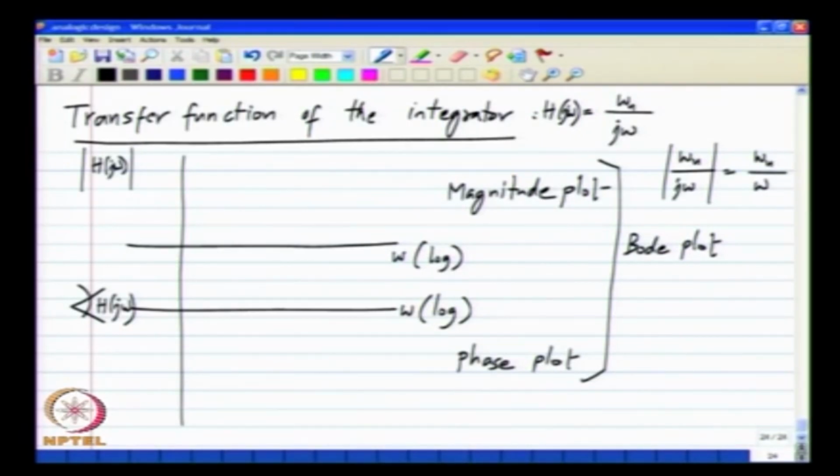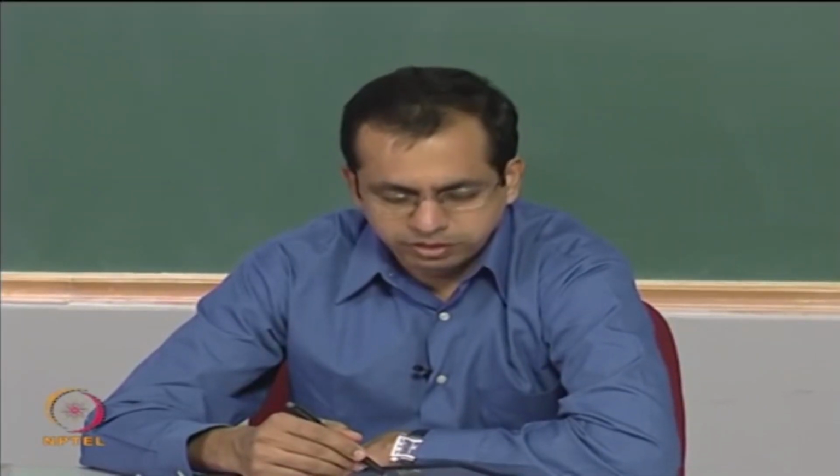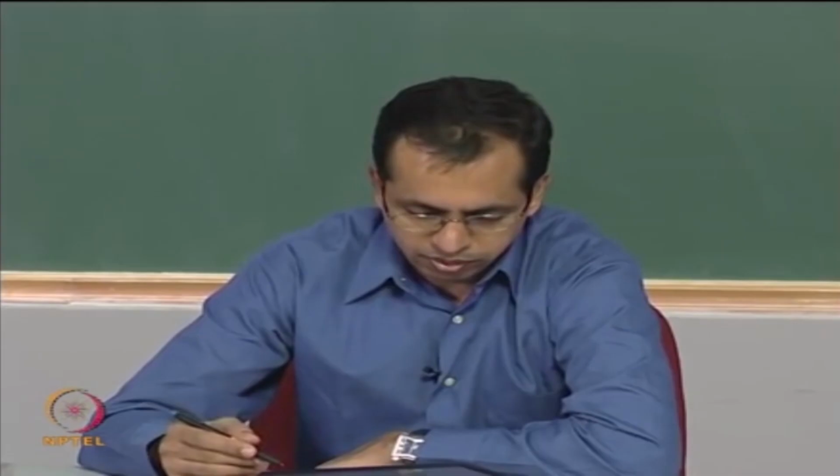On a log scale, where you plot the magnitude on a log scale as well as the frequency on a log scale, this is a straight line with a negative slope, and the slope is given by minus 20 dB per decade. That is, if you take it in the decibel units, if you take 20 log to the base 10 of the magnitude, it drops by 20 dB for every factor of 10 increase in frequency, that is for every decade change in frequency. That is what is the meaning of this one. Okay.